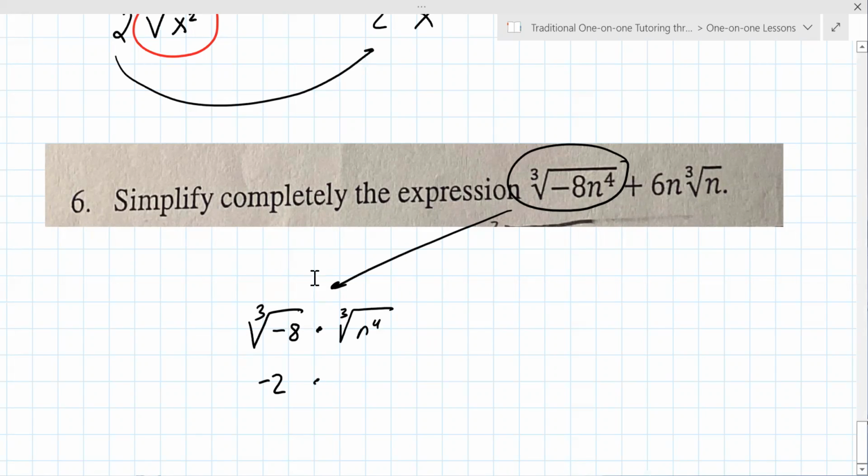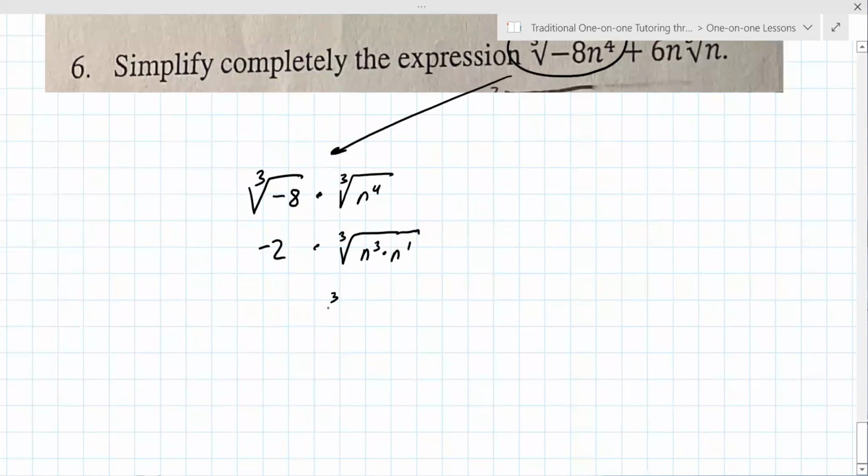Now, this is another rule, but when this number outside is smaller than the one in here, you're going to be able to bring one out. But rather than do it that way, I'm going to show you it visually. This is the cube root of n cubed times n to the 1. And then you can break that apart into the cube root of n cubed times the cube root of n to the 1.